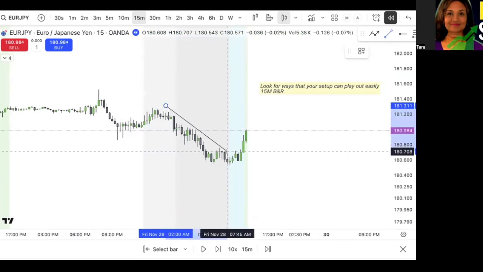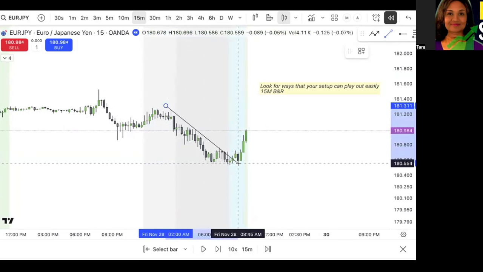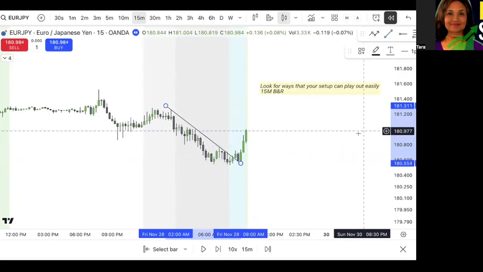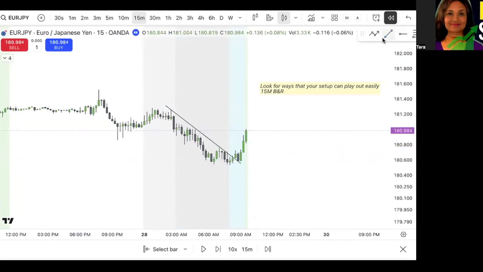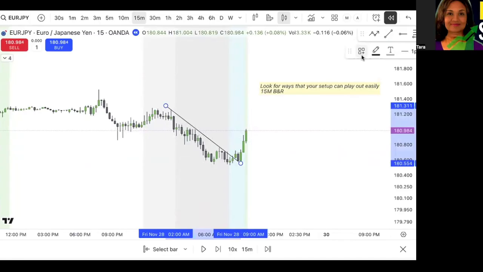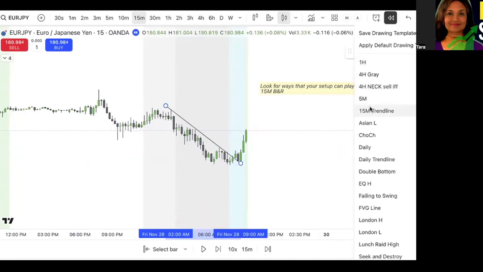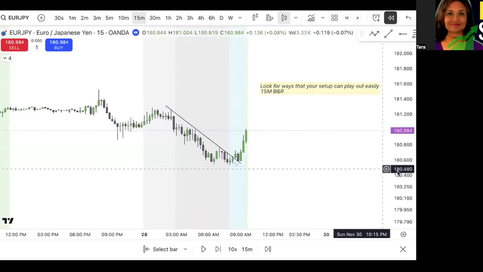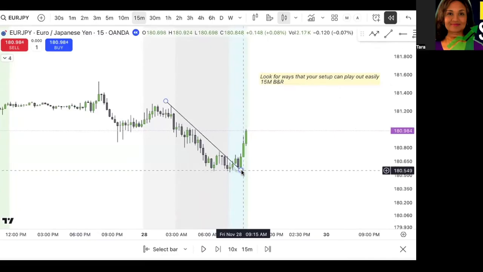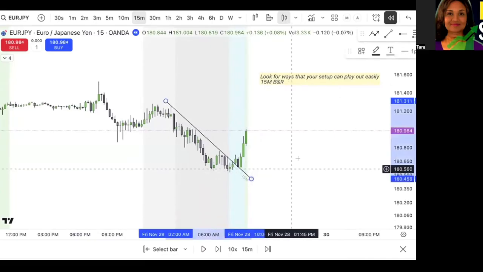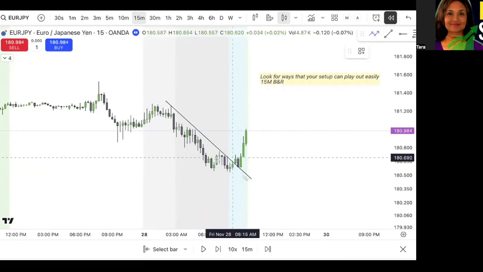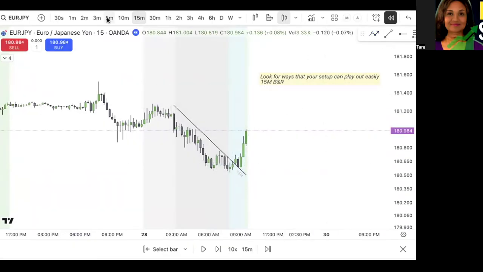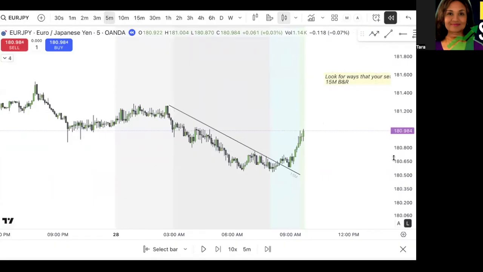Okay, and we can see that we can easily draw a trend line here on this 15-minute time frame. And this would be a break and retest to the upside. And so what I like to do, since we're practicing and we're going to be putting this in our notes, we're going to go ahead and get our path tool and start to draw the path of price action.